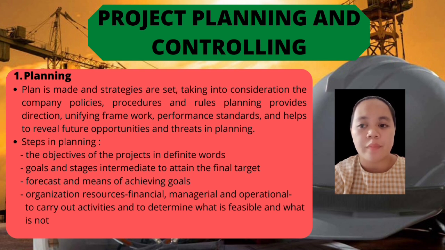Steps in planning: the objective of the project in definite words, goals and intermediate steps to attain the final target, focus and means of achieving goals, organization, resource, financial, managerial, and operational requirements to carry out activities and to determine what is feasible and what is not.